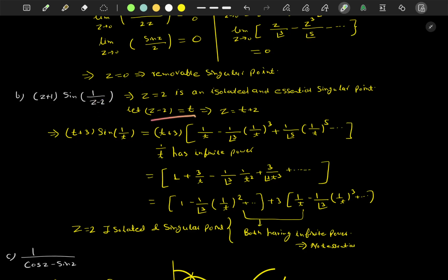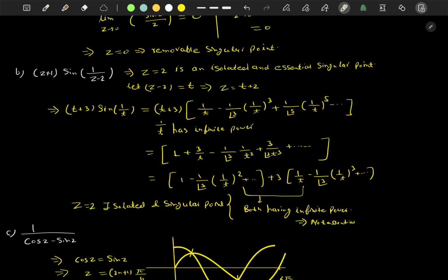So z minus 2 equal to t and z equal to t plus 2, put it in here. So the function will be converted like this, and if you expand sin 1 by t it is 1 by t minus 1 by t cube upon factorial 3 and so on. Now you can see these powers of 1 by t, meaning here are b1, b3, b5 like this.